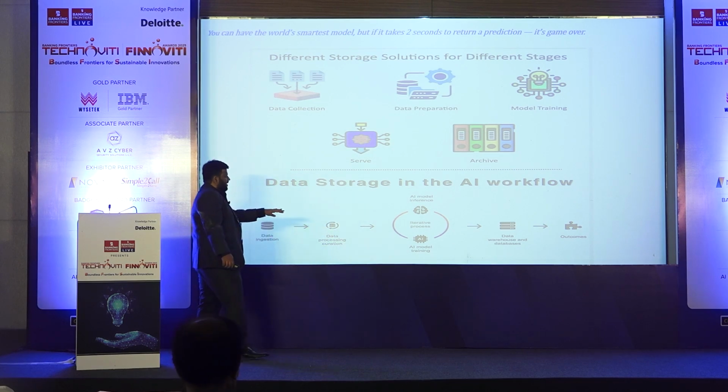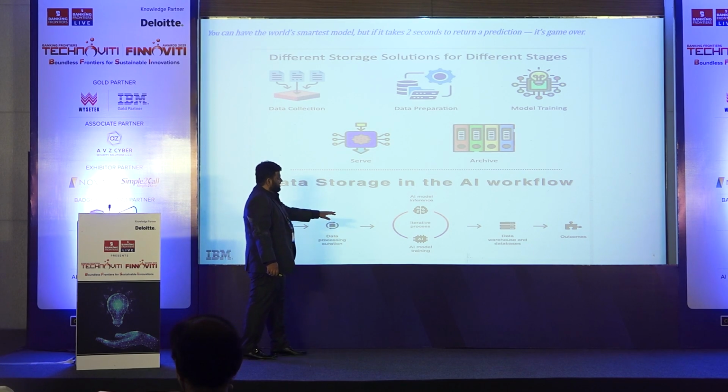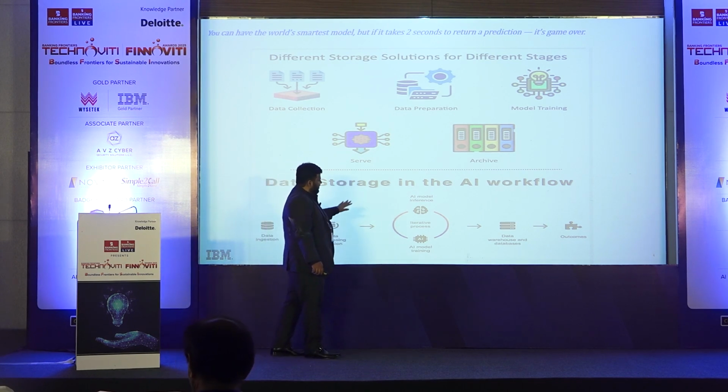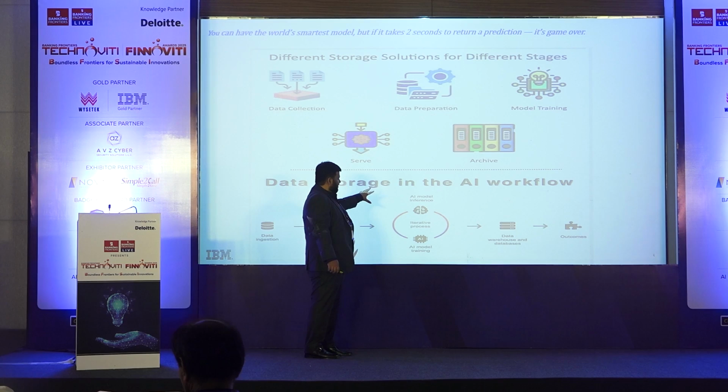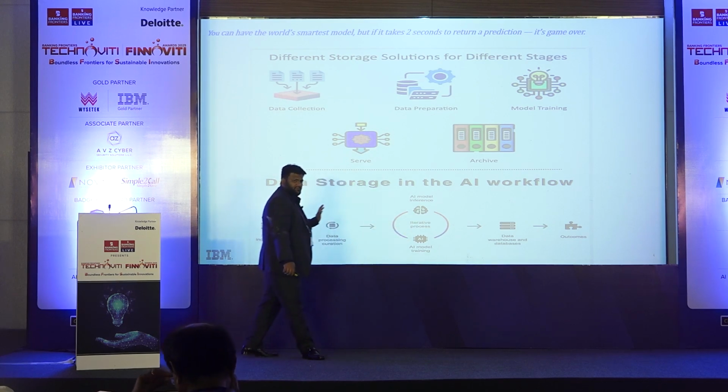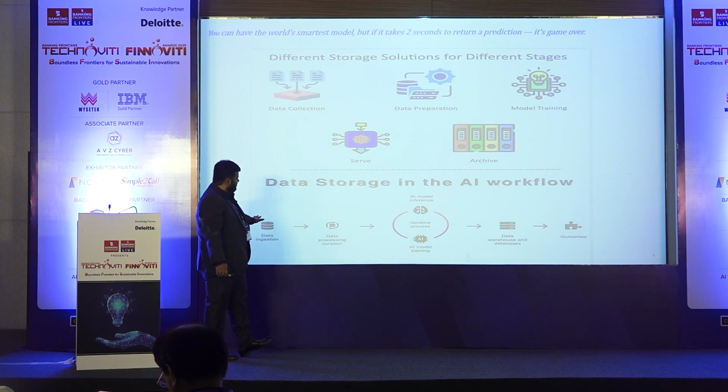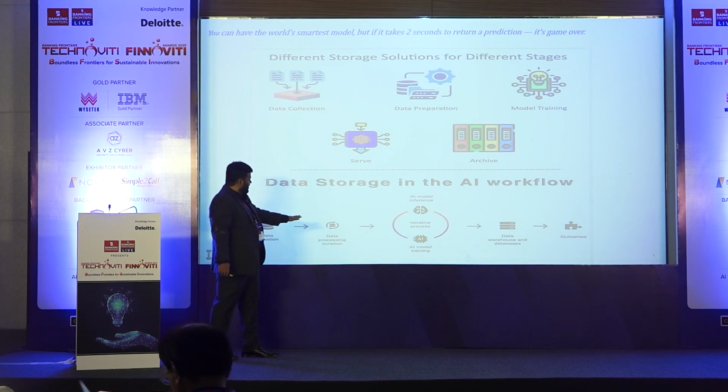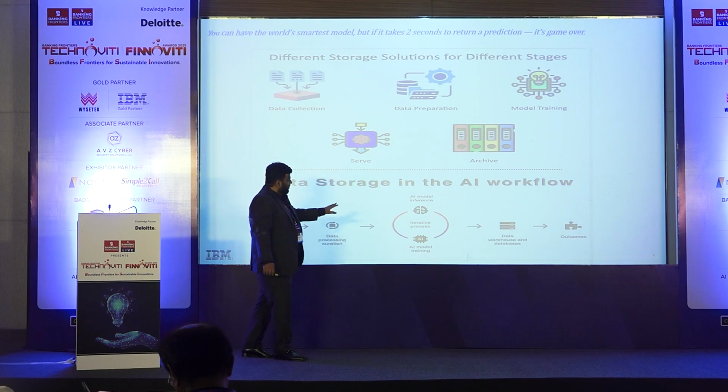The third step that we have is an iterative process, where we'll do inferencing and training of the model. Over here, both the storages that we had, maybe object storage or flash-based storage, will not be enough.